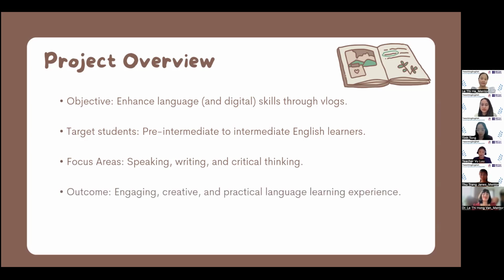The expected outcome from the project is an engaging, creative, and practical language learning experience. And this project can be applied in different contexts, different settings for the language learning that I'm in charge of. It could be for language schools, and it could be for corporate training as well.